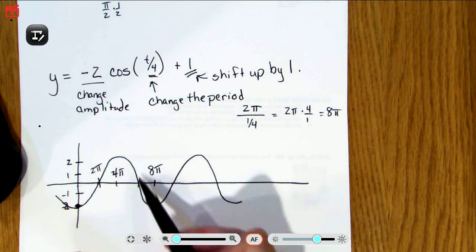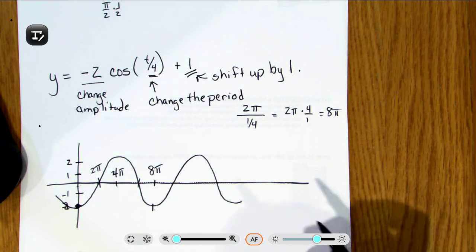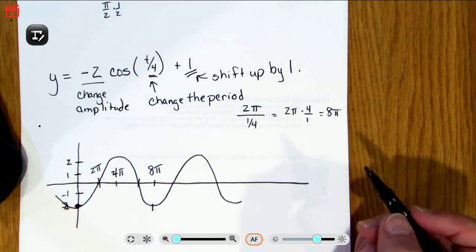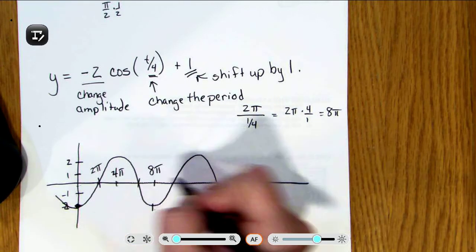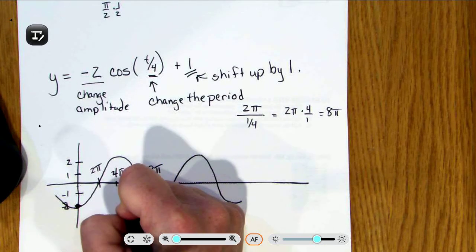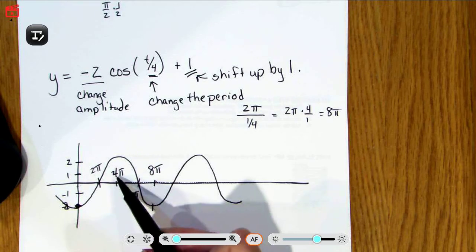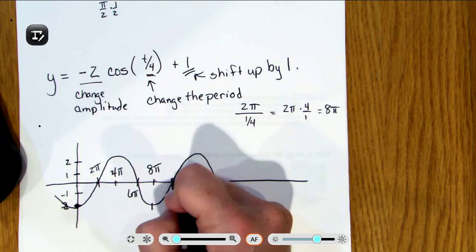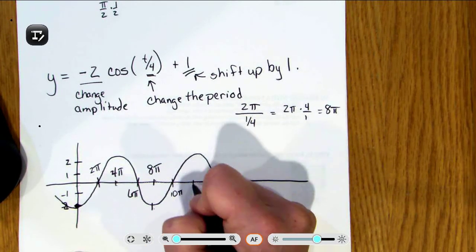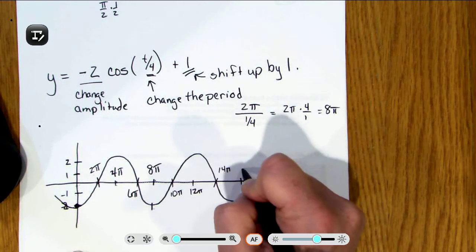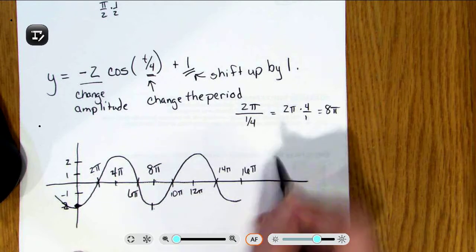So going the whole route, 8 pi is our new period, with 1/4 of it in the old. Halfway between 4 pi and 8 pi is 6 pi. And I could continue my counting: 2 pi, 4 pi, 6 pi, 8 pi, 10 pi, 12 pi, 14 pi, and there's 16 pi, which is 2 of those.